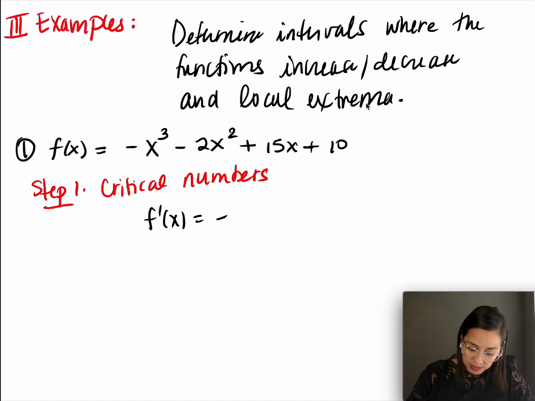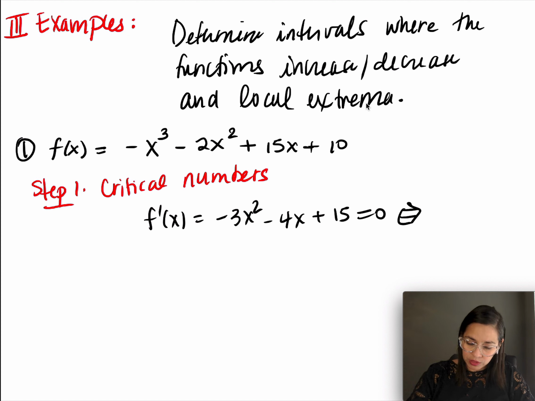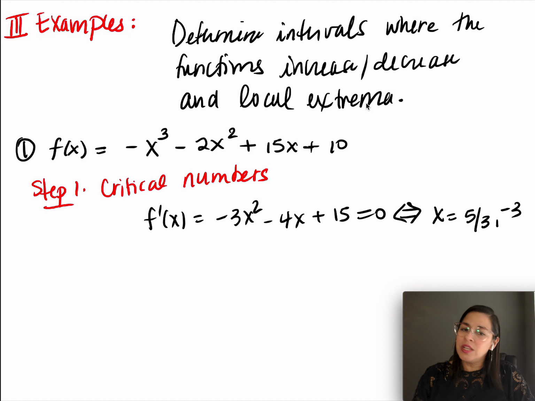So I get that this is negative 3x squared minus 4x plus 15, and this is equal to 0 if and only if x is equal to 5/3 or negative 3. This comes from my last video, so you can check that it is true.